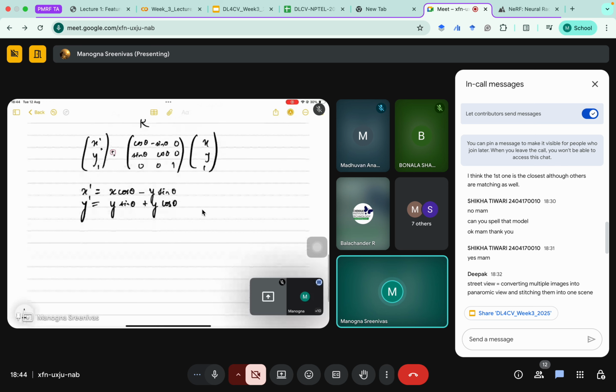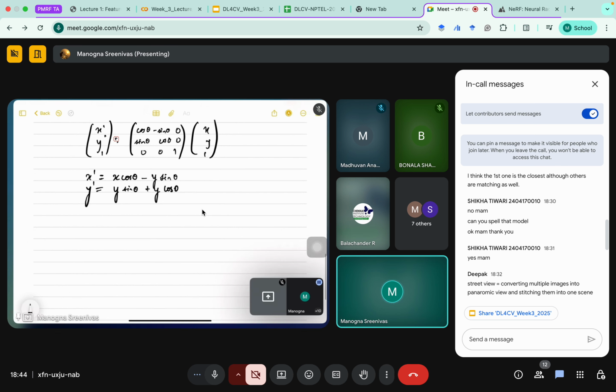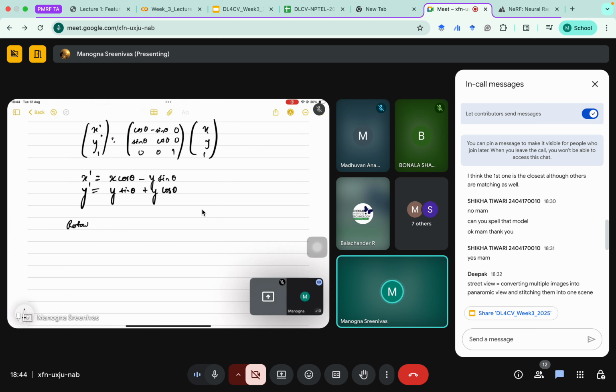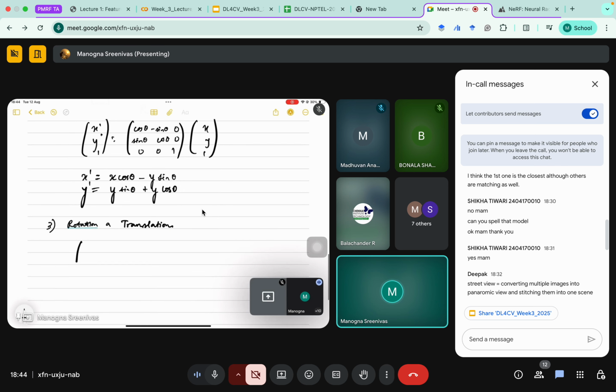Now suppose in the next case I want to do both rotation and translation. What would my matrix be now if I want to do both?